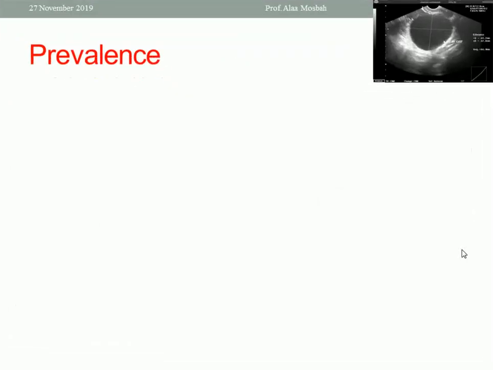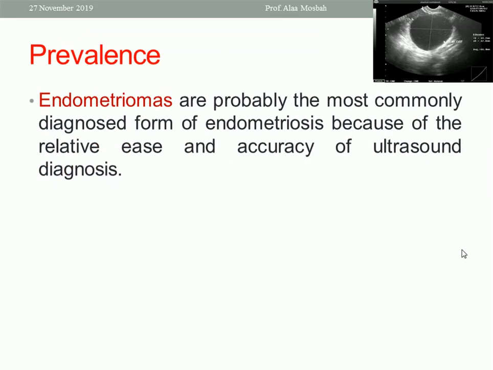So, what about the prevalence of ovarian endometrioma? Endometrioma are probably the most commonly diagnosed form of endometriosis. Why? Maybe because of the relative ease and accuracy of ultrasound diagnosis. Yes, this pattern of lesion of endometriosis can be diagnosed easily nowadays by transvaginal sonography.